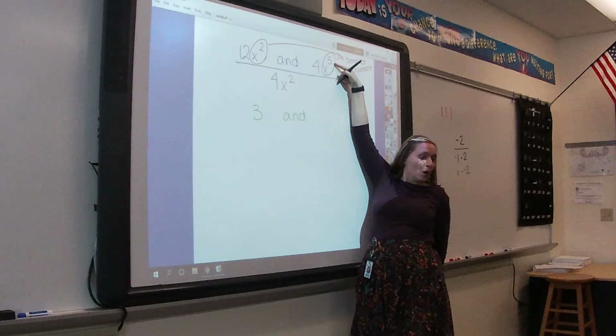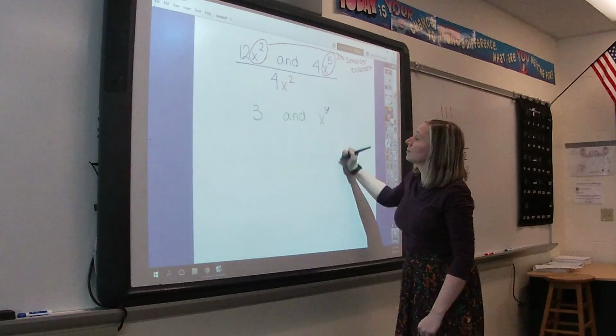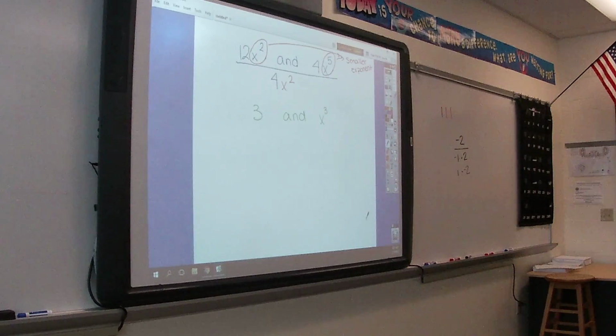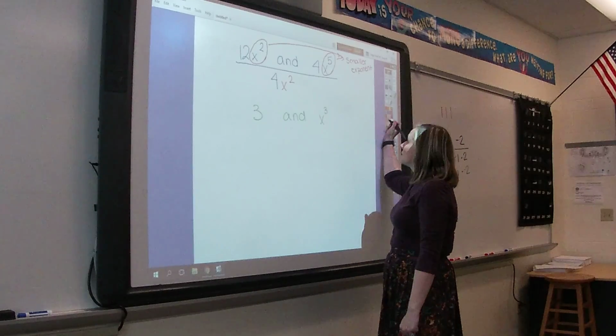Then we subtract exponents. 5 minus 2 is 3. As long as you did your variables right the first time around, you won't ever have to deal with them again. So we can't go any farther. Nothing else here. So our GCF would be 4x squared.